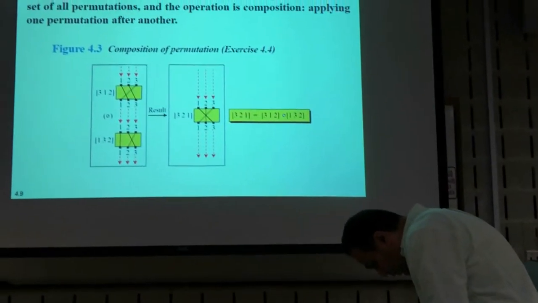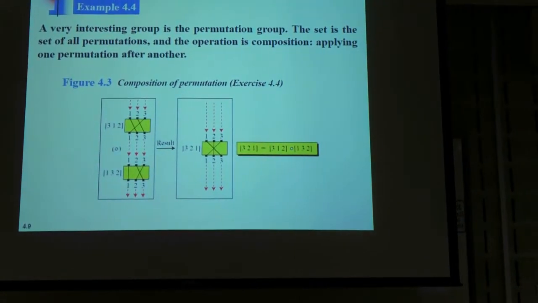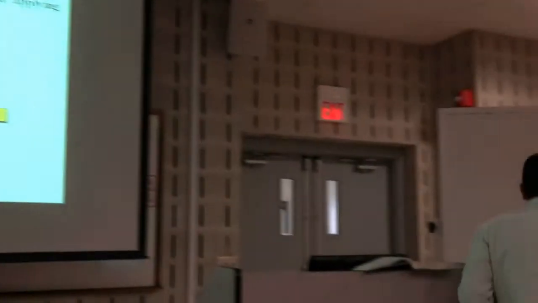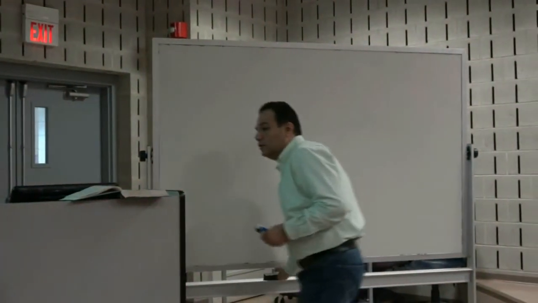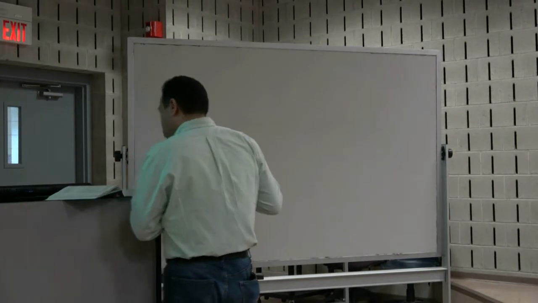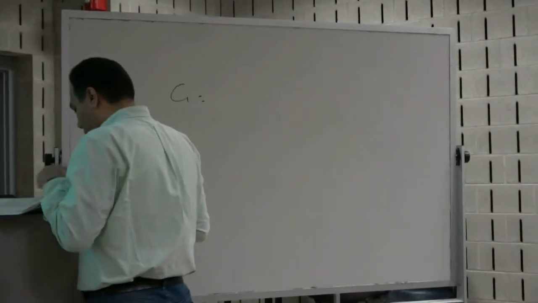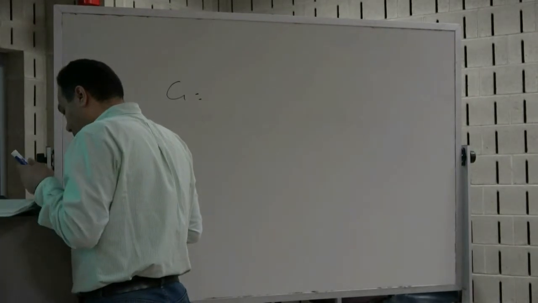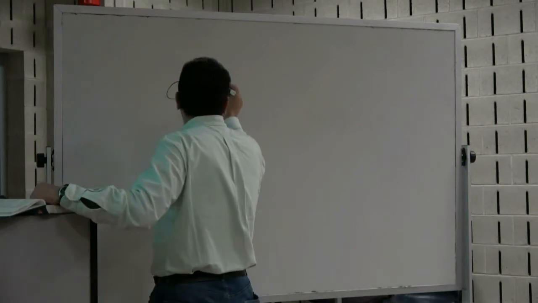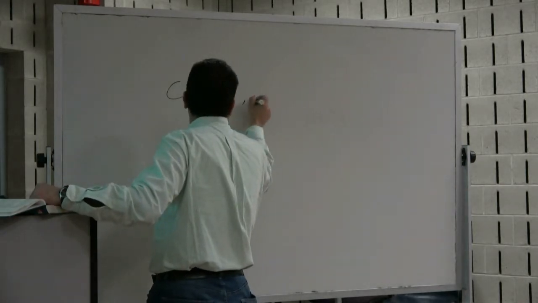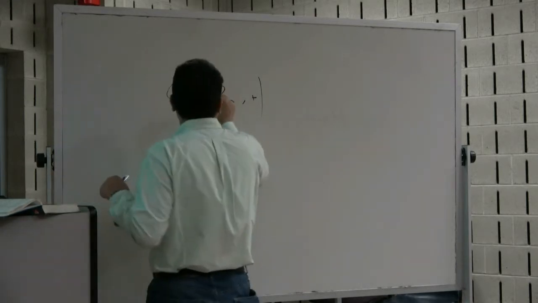So for example, let's take a look at the group G of Zn and plus. This is a group, or usually we write it like this.